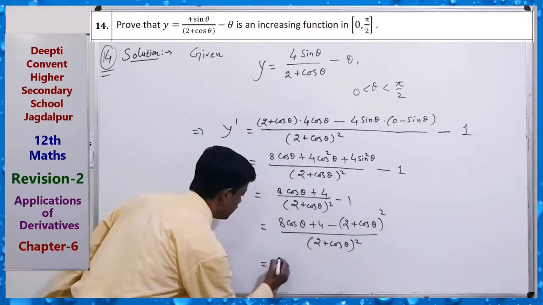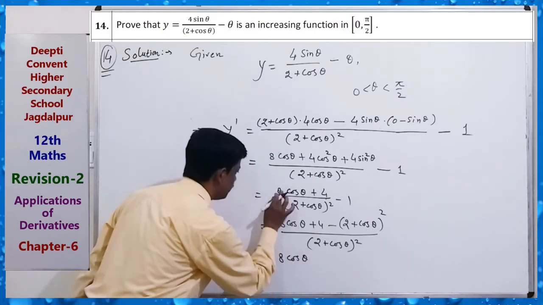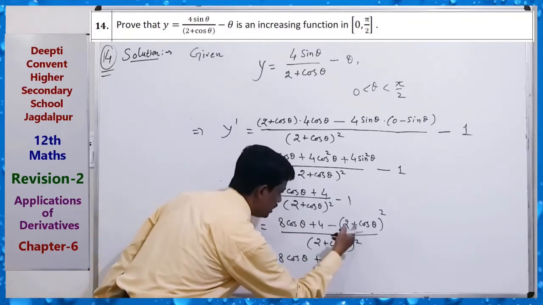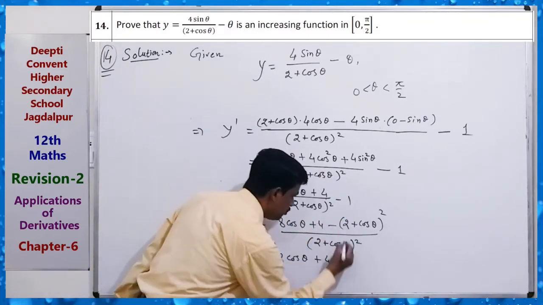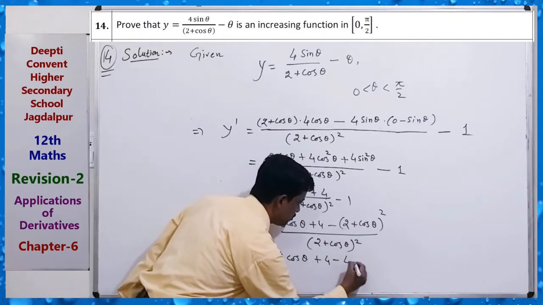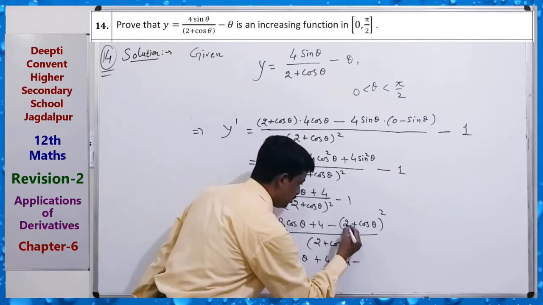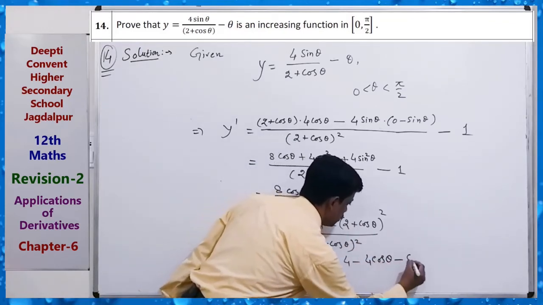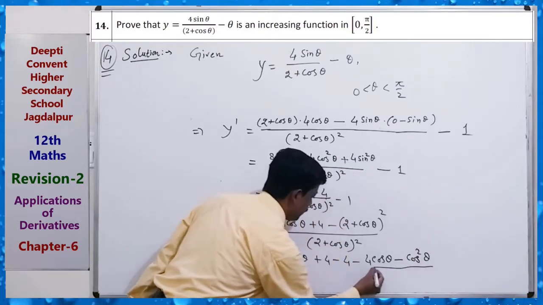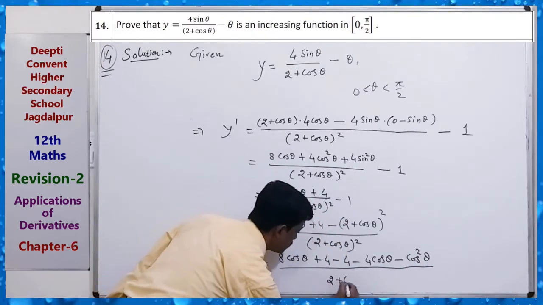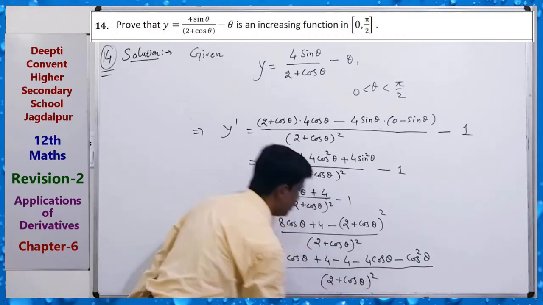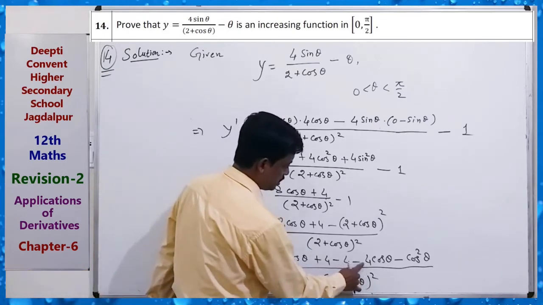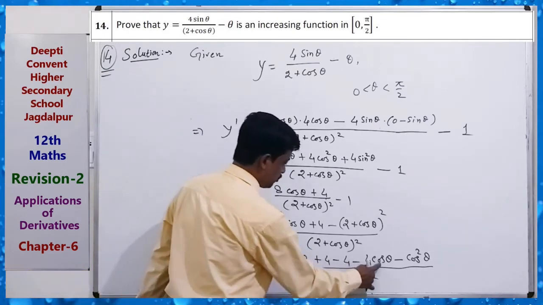So you can expand it: 8 cos theta plus 4 minus (a plus b) whole square. a square means 4, minus 2 into 2, 4 cos theta, minus cos square theta, upon 2 plus cos theta square. The 4 minus 4 cancels. 8 cos theta minus 4 cos theta gives 4 cos theta.